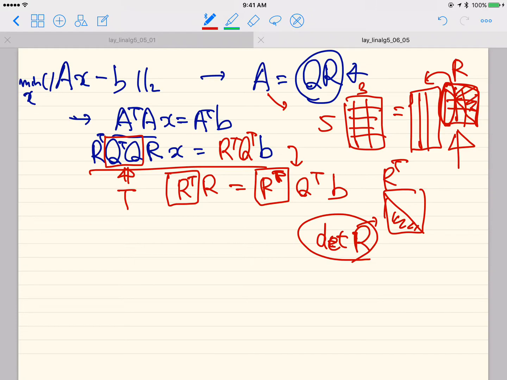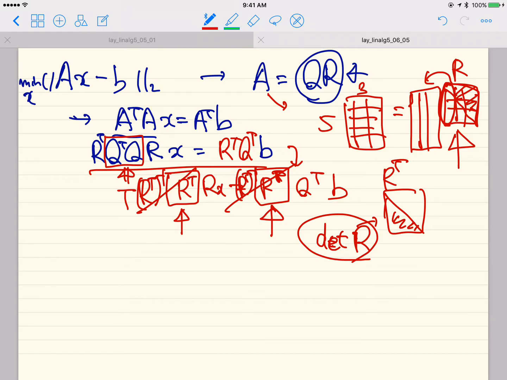If we have all non-zero diagonal entries, then the determinant will be non-zero, which means these are invertible matrices. So R is a square invertible matrix, and thus R transpose is the same. And so we can safely multiply R transpose inverse on the left-hand side, and cancel them out.